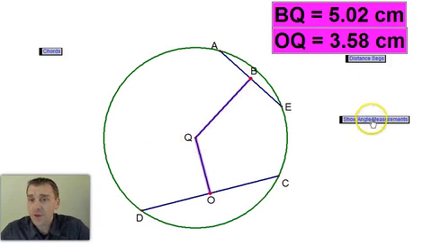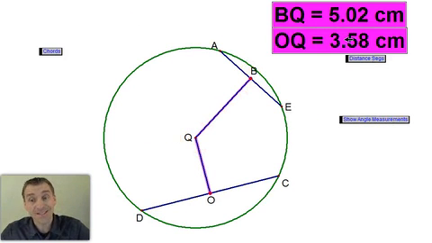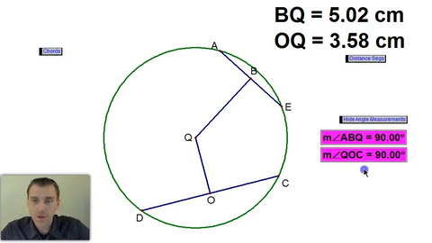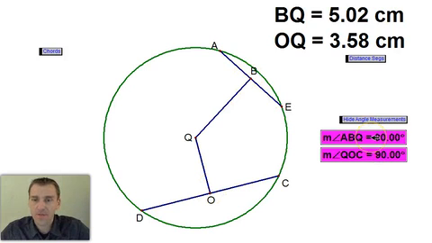Right now, the distances of the two chords are not the same. Make sure you see this too: angles ABQ and QOC are both 90 degrees. So QB and QO are the distances the chords are from the center.